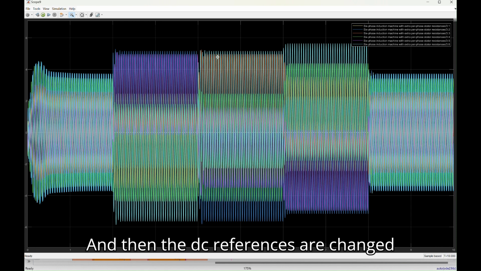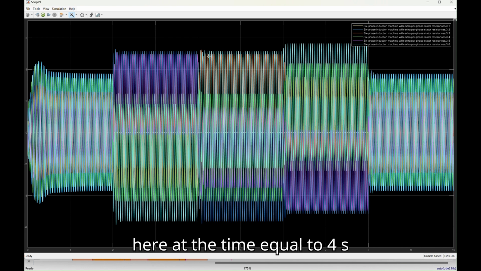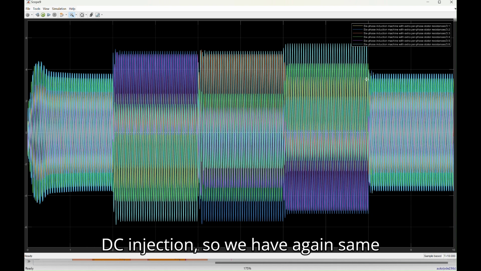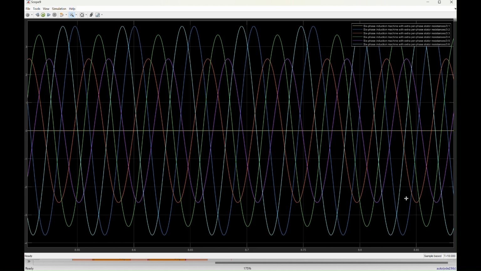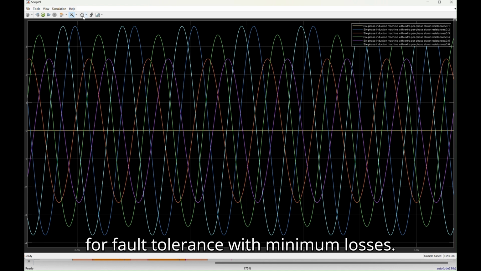And then the DC references are changed here at the time equal to 4 seconds for another 2 seconds, and then it is done again. So we have these three intervals with different DC injections, and finally we remove the injection. So we have again the same currents as at the beginning for fault tolerance with minimum losses.